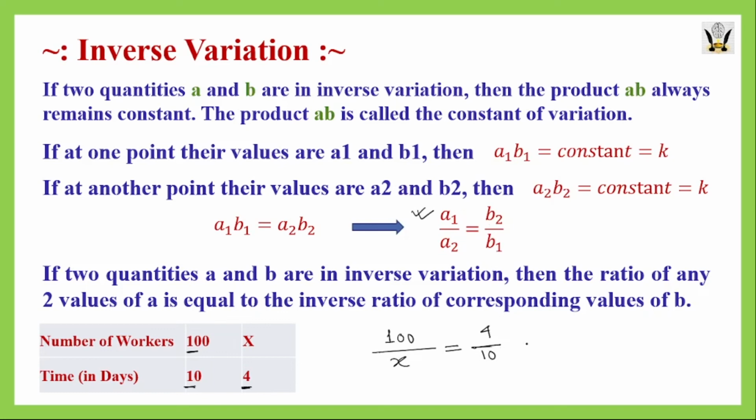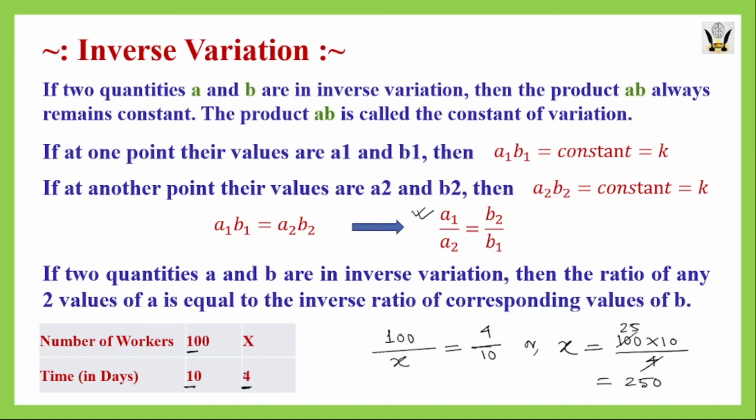So what will be the value of X then? The value of X will be 100 multiplied by 10 and then divided by 4. So it will be 25 and then multiplied by 10, so it will be 250. That means to complete the same job in 4 days we need 250 workers.